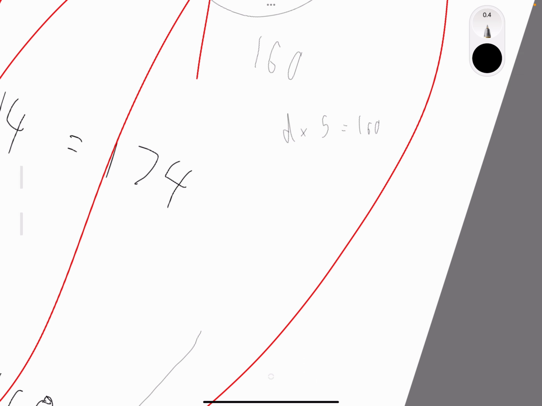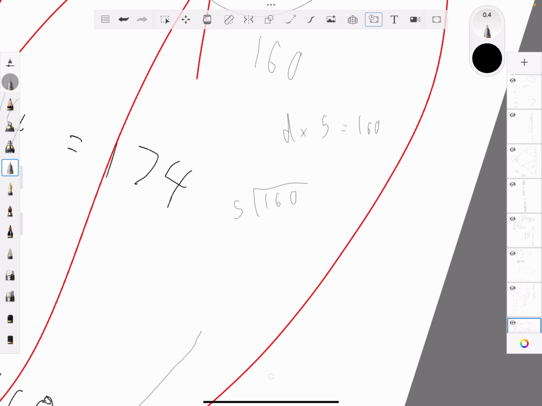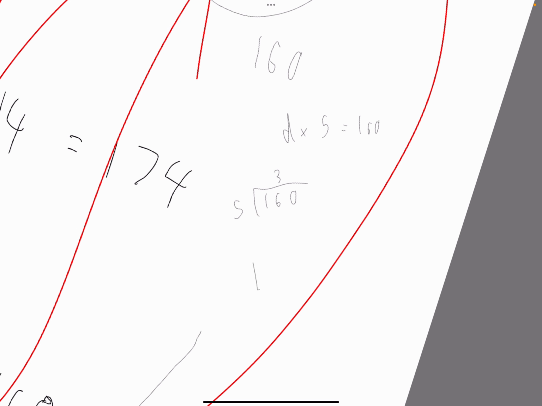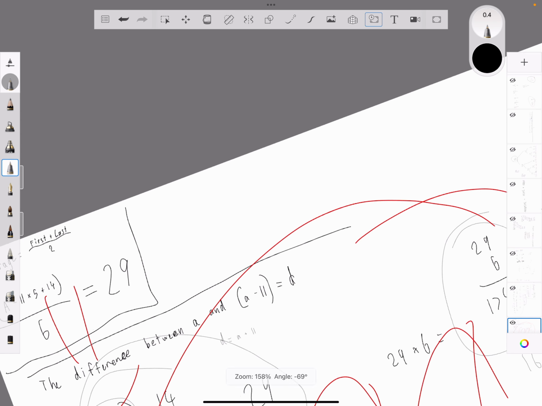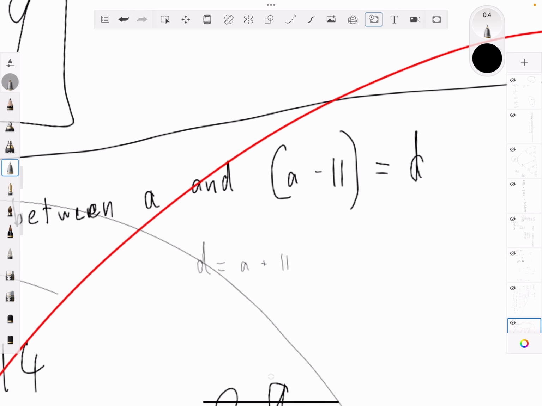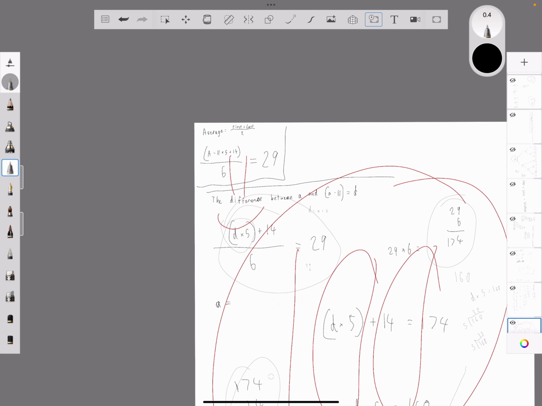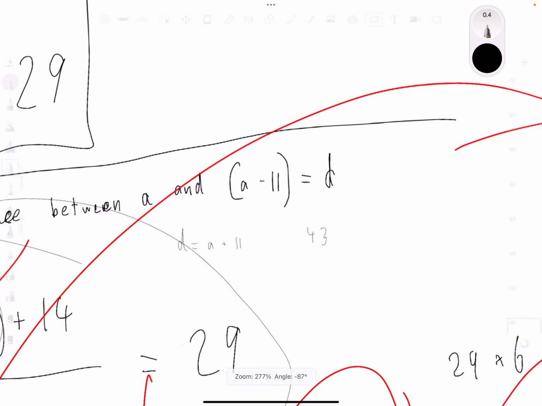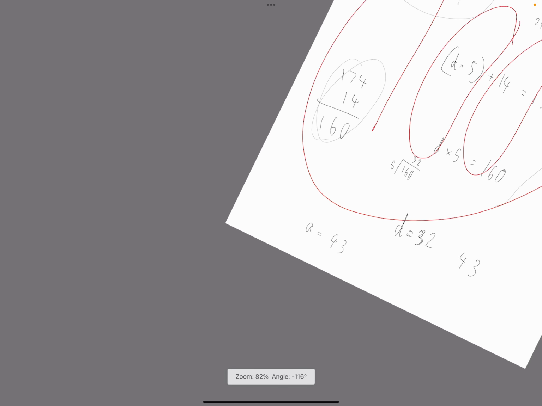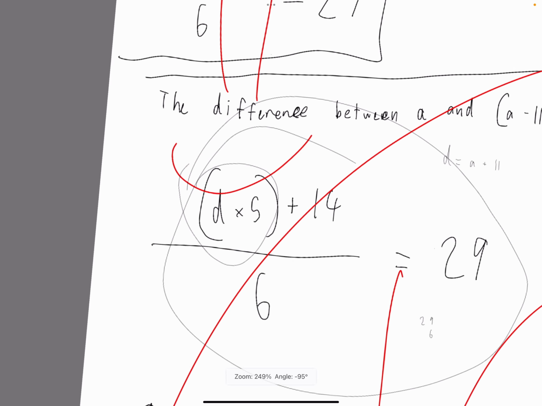So we are supposed to do 160 divided by 5 to find D. So that's okay. I'll just do it properly. It's 32. And as it is over here, D equal A plus 11. So it's 32 plus 11, which is 43. Answer 43. Okay, I'm correct. Look, I can solve this thing.